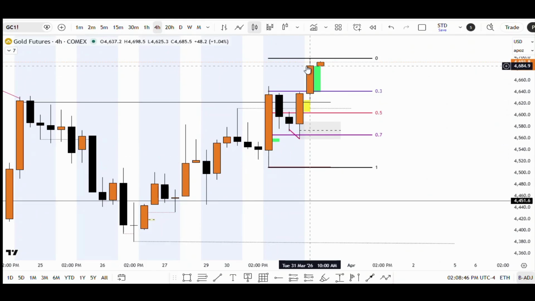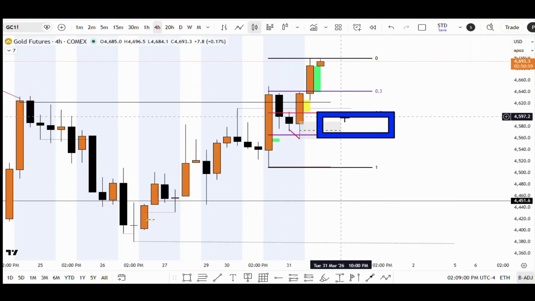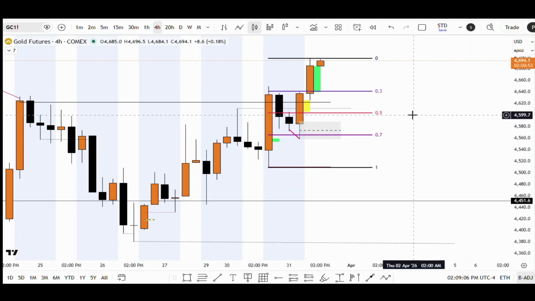So right now, all I'm doing is sitting and waiting for a retracement to at least the 50%. So anywhere below this 50% for me is a prime zone to take a long. So again, I'm looking for two specific things.